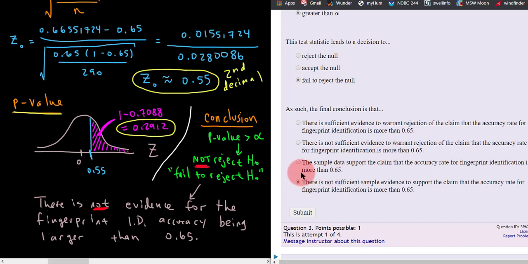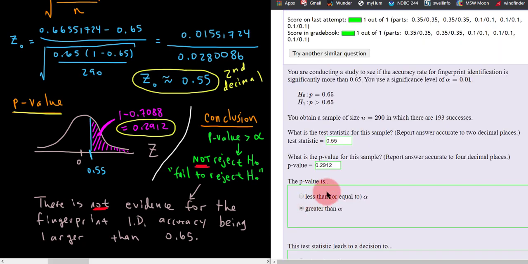The one that's correct is there is not evidence to support the claim that the accuracy rate is more than 0.65. This one, the second one, almost has a double negative. There's not evidence to reject this. So that one's a little tricky. Let's see how we did. Green check marks, very satisfying.